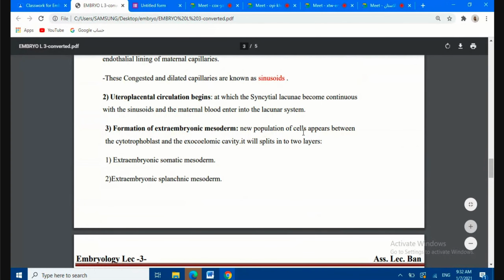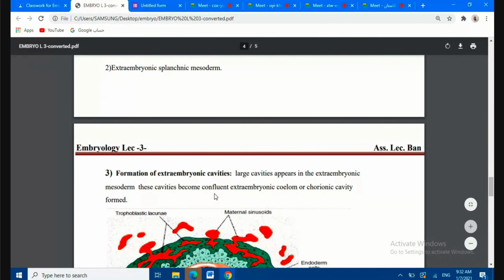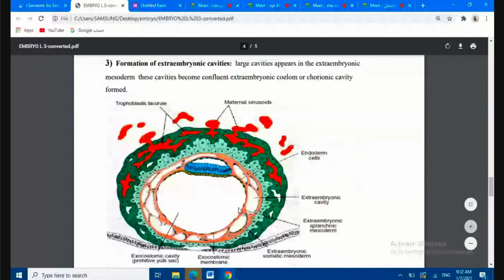Again, new population of cells appear between cytotrophoblast and exocoelomic cavity, and they will split into two kind of cells. الداخلية احنا نسميها extra embryonic splanchnic mesoderm and extra embryonic somatic mesoderm. Where is the location of these cells, of new population of cells? They are between cytotrophoblast, اللي هاي الخلايا, and exocoelomic cavity.